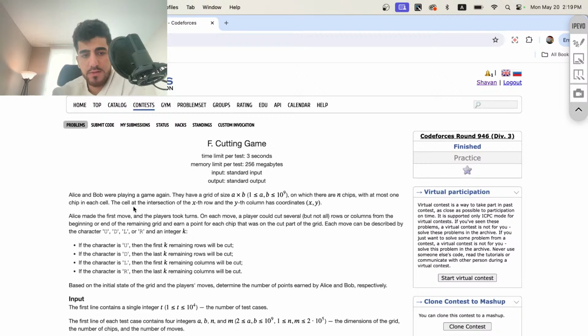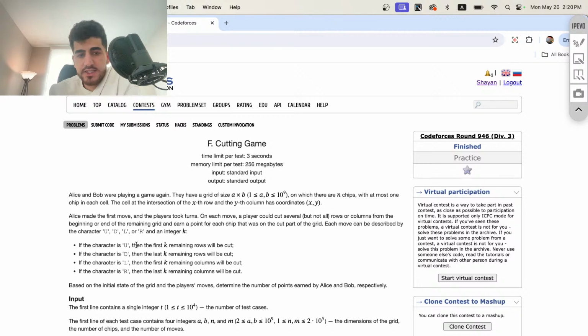Okay, the next problem. Alice and Bob were playing a game again. They have a grid of size a by b on which there are n chips with at most one chip in each cell. The cell at the intersection of the xth row and the yth column has coordinates x and y. Each time each player will choose one of these directions, u, d, l, and r, and an integer k.